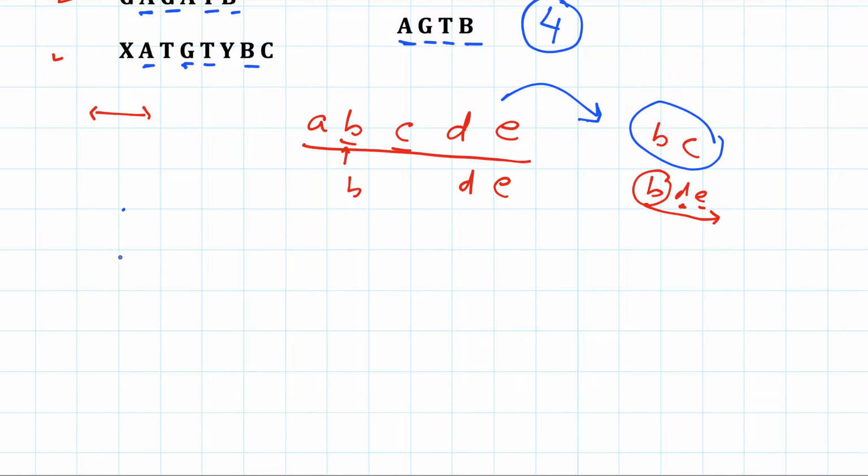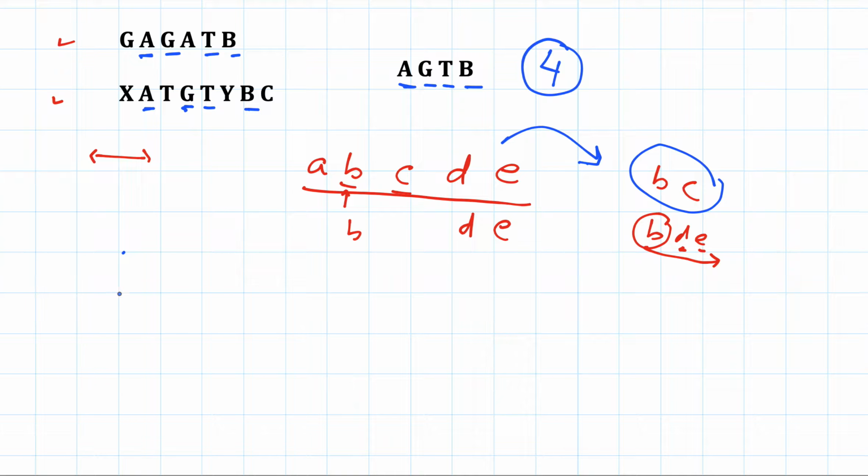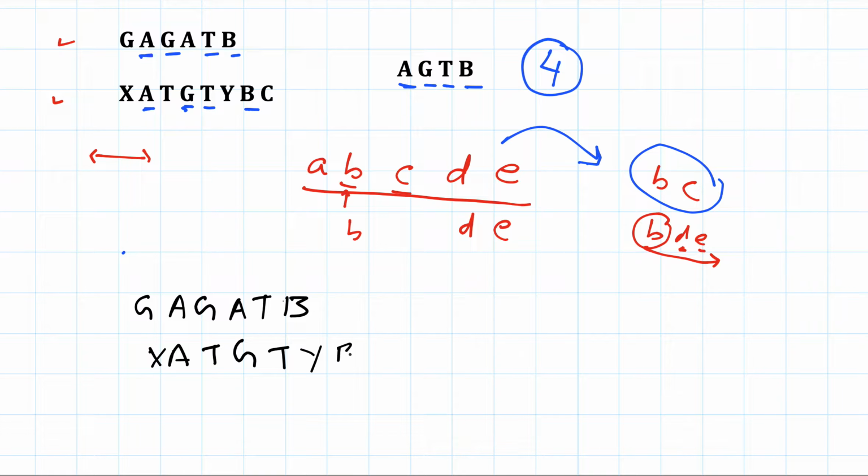Now how to solve this? There are two cases. So we have G A G A T B and X A T G T Y B C. First we will compare their last characters.